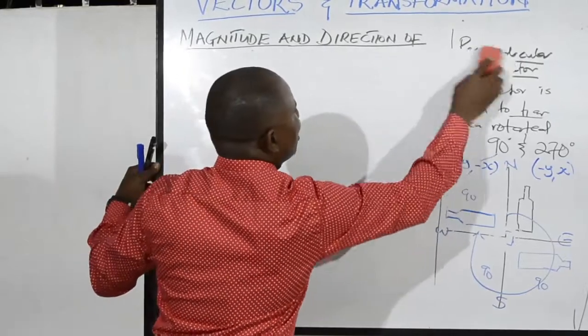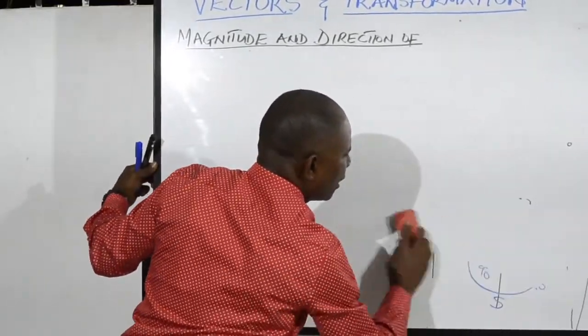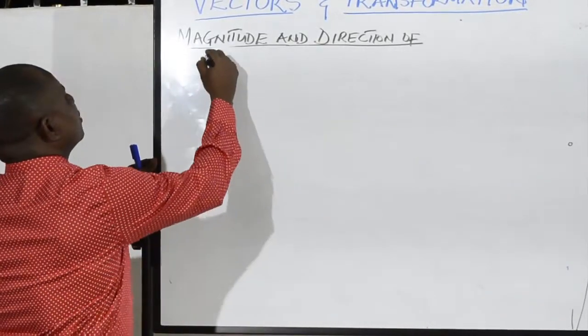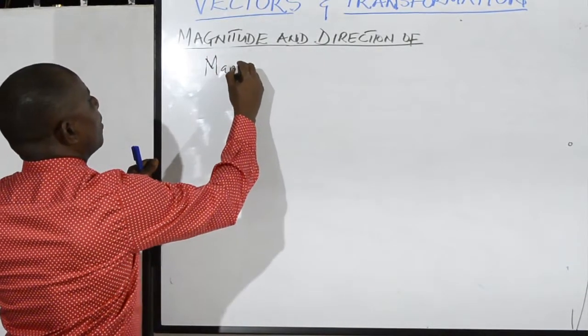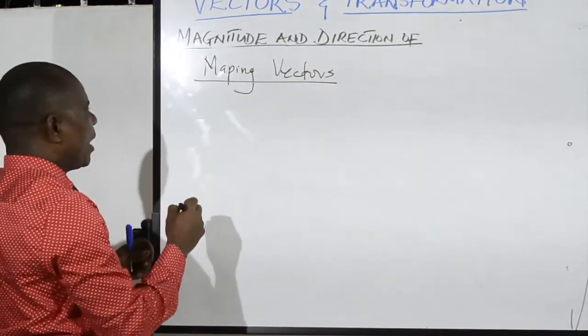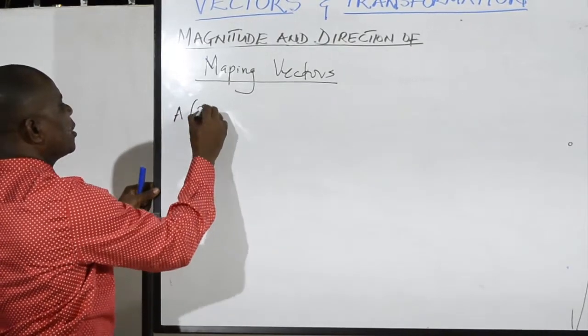So it's possible that you will also be given a way to map the vector. I can map the component of the vector. Here I can map a particular vector. Let's say this vector is x, y.